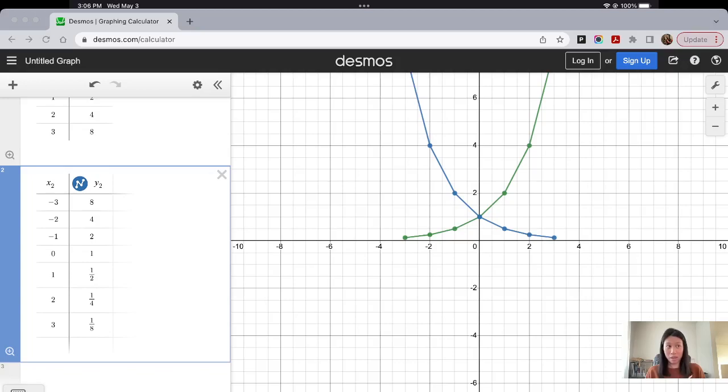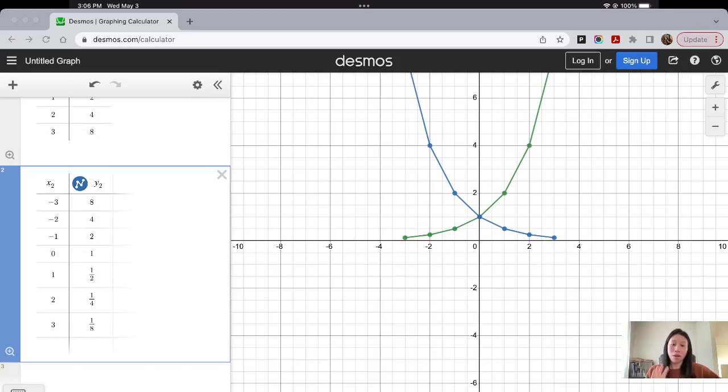If you notice, this function is also positive for all values of x. But as x increases, the function grows lower and lower, approaching 0. As x decreases to negative, the function grows faster and faster. In fact, this is an example of an exponential decay function.